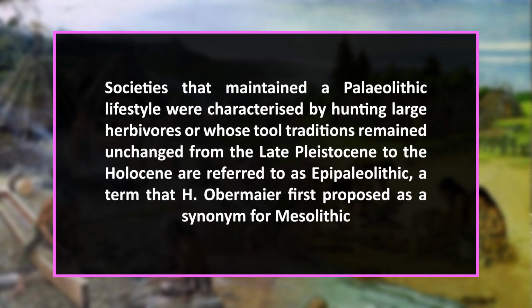According to this theory, societies that maintained a Paleolithic lifestyle were characterized by hunting large herbivores, or their tool traditions remained unchanged from the late Pleistocene to the Holocene. These are referred to as the Epipaleolithic, a term that Obermaier first proposed as a synonym for the Mesolithic period. Like the other main prehistoric periods, the Mesolithic is characterized by profound socio-economic and technological advances.